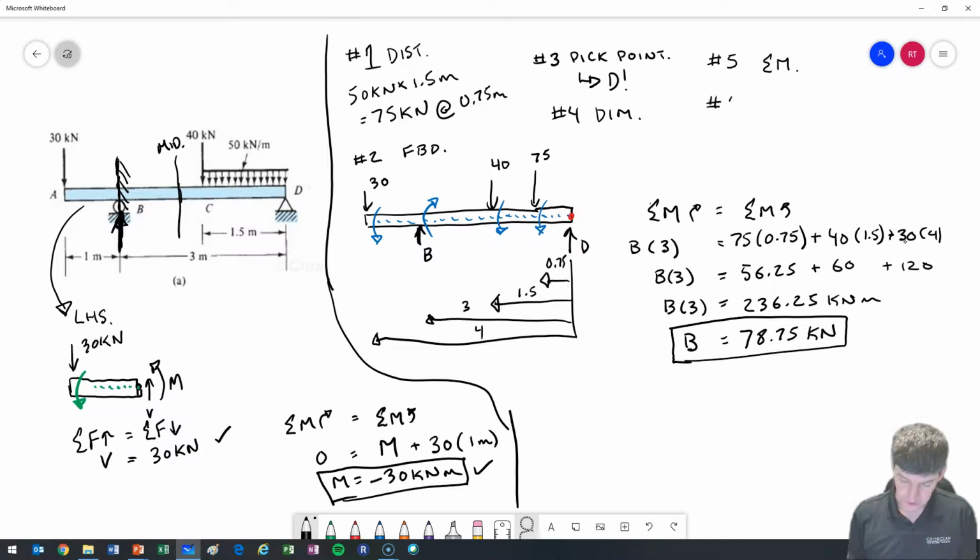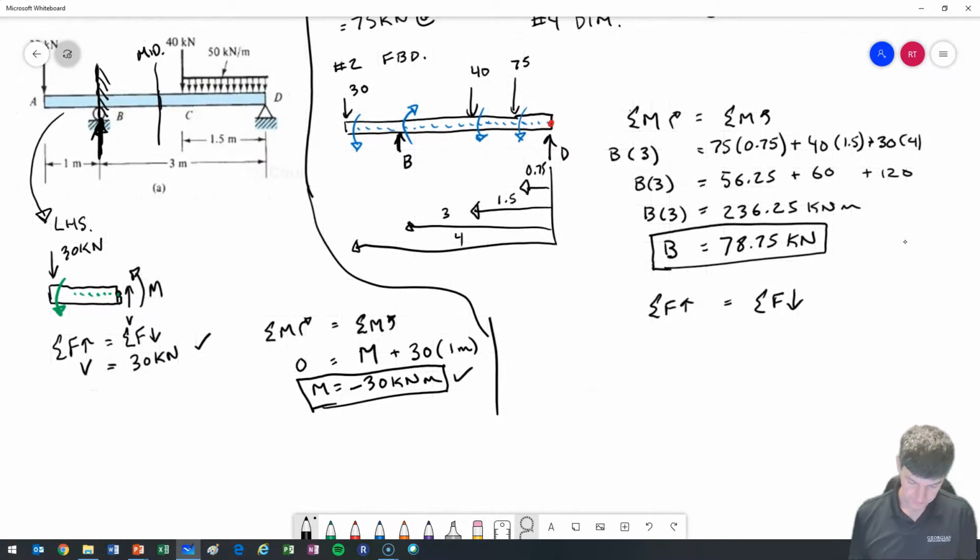Step number 6, sum of forces. So sum of forces up has to equal sum of forces down. So as I go across, I'm going to start at D. I've got D down is a 75, down is a 40, up is a B, and then down is 30.